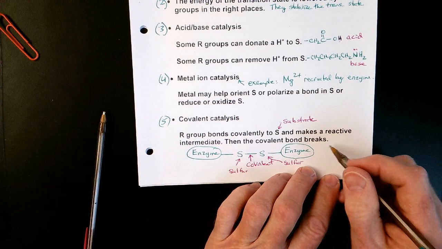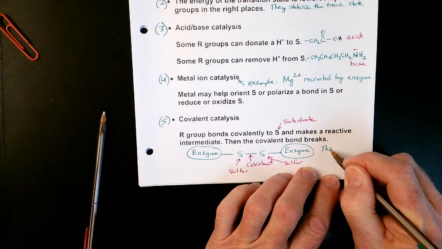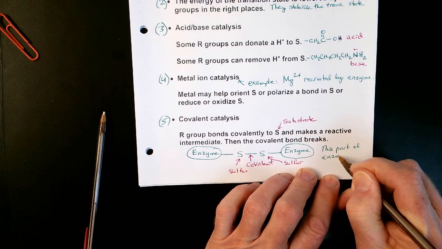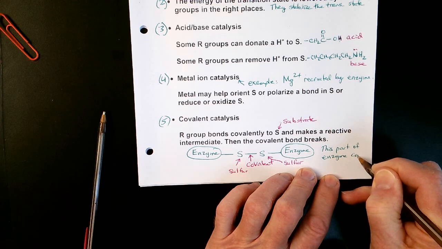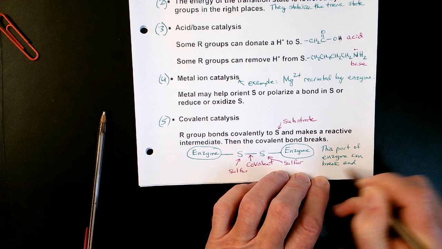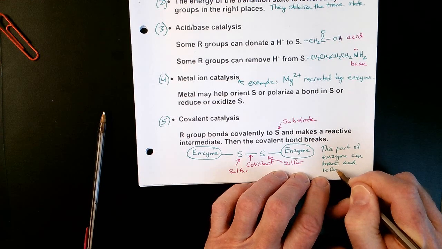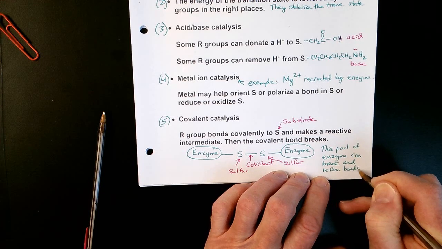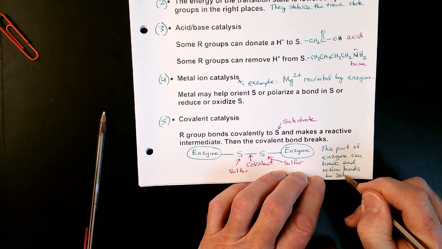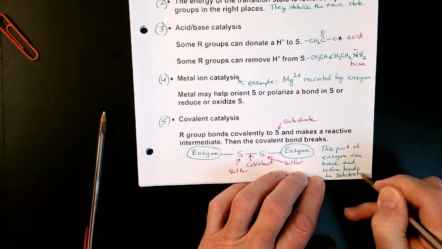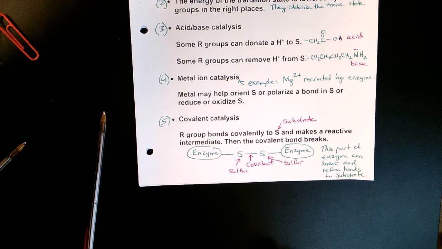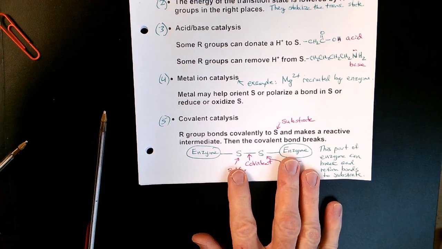Okay, but the bottom line is this part of the enzyme can break and reform bonds to the substrate. I'm going to spell out that whole word so we're not getting more confusion around that letter S.